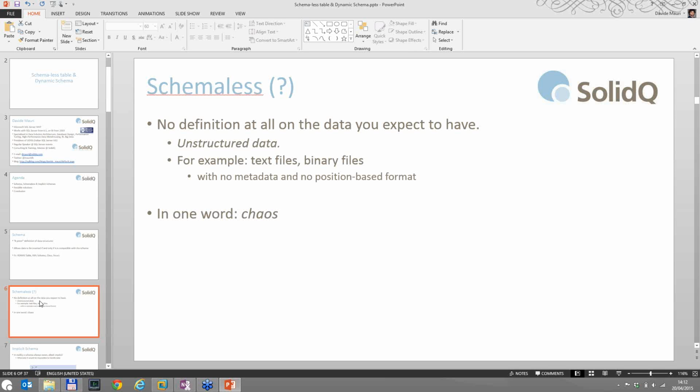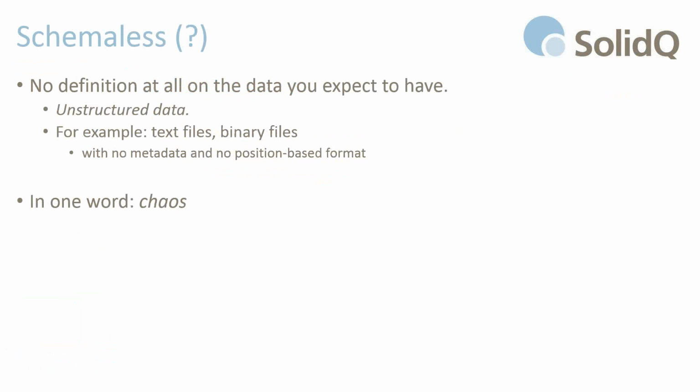So actually, having a schema-less idea of our data is not really useful, because we are in a situation where chaos reigns. So it's much better to have something a little bit different and more appropriate than the definition of schema-less, where it would be almost impossible to get the data out of our source.